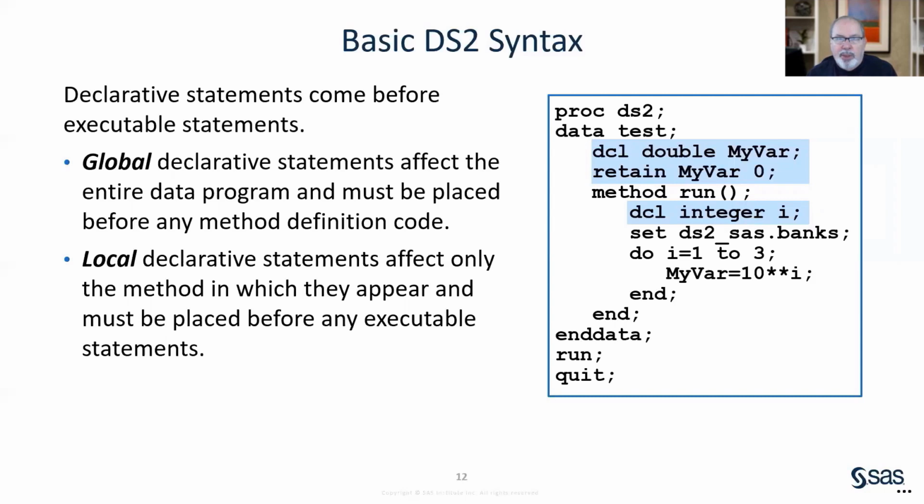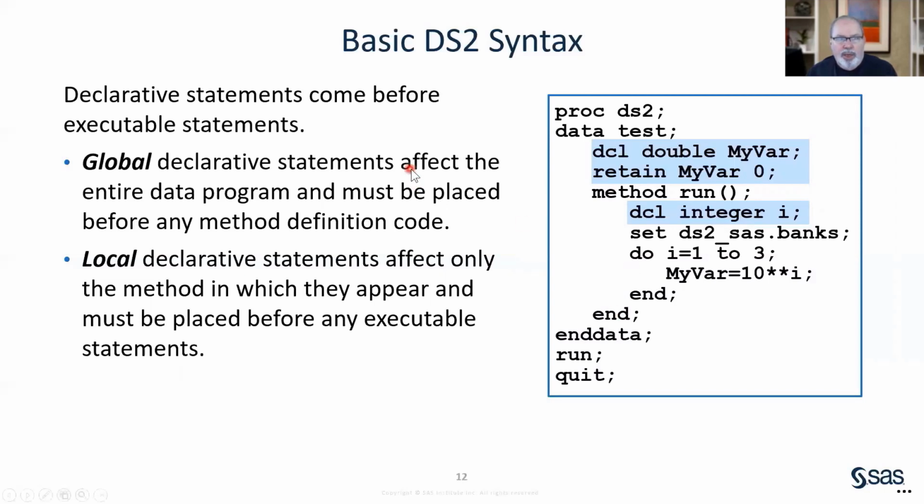And the declarative statements are used to set up the process before the processing starts. In DS2, there's 2 types of declarative statement. There's a global declarative that affects the entire data program, and there is a local declarative that only affects the method in which it's defined, right?